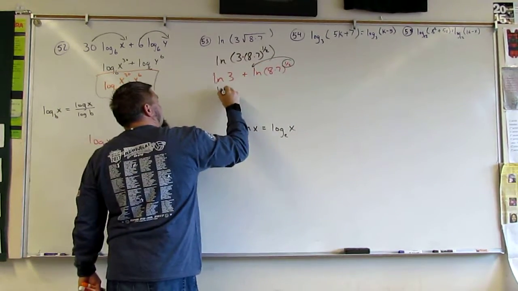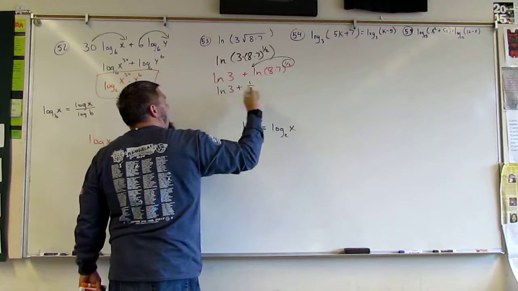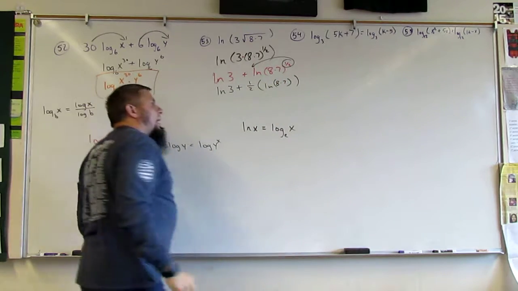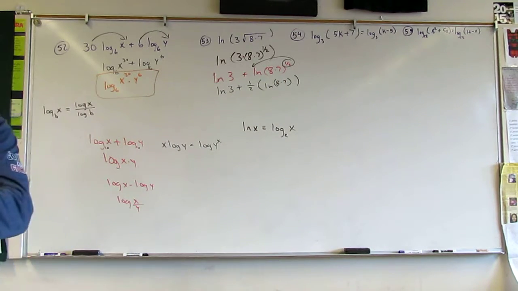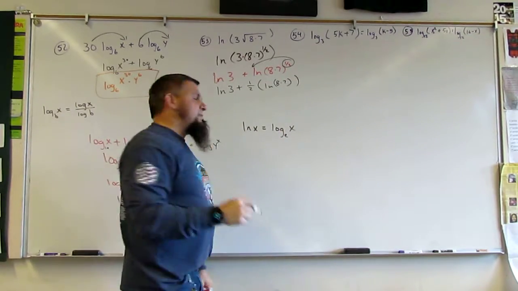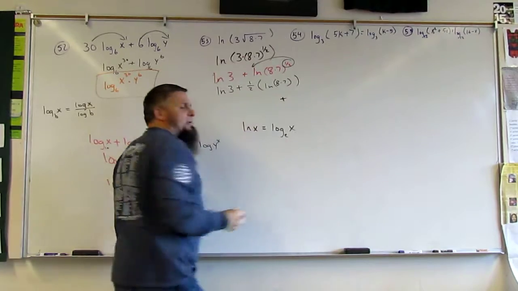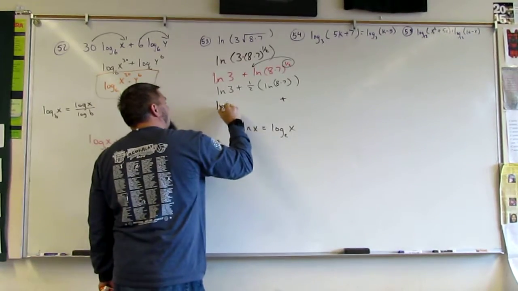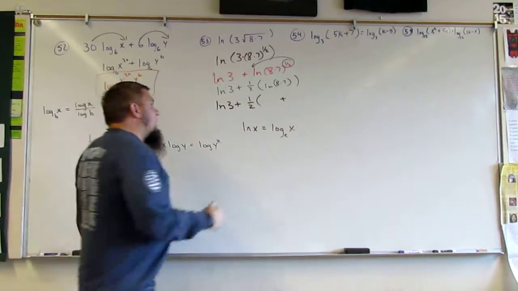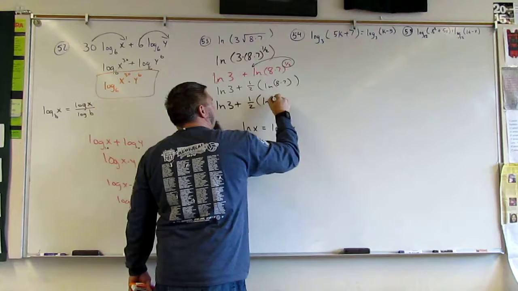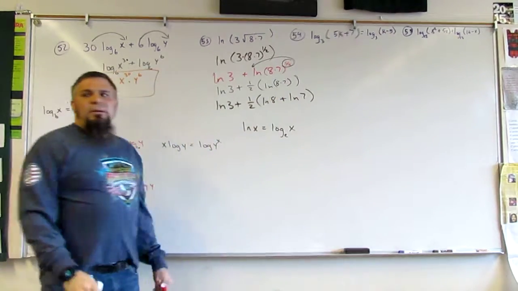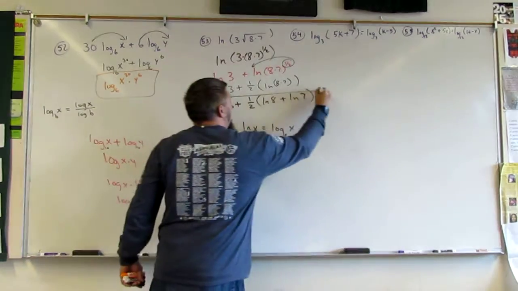So I've got the natural log of 3 plus 1/2 the natural log of 8 times 7. And then, because these are still together, that times becomes a plus. So I'm going to say the natural log of 3 plus 1/2 times the quantity of the natural log of 8 plus the natural log of 7. And that's breaking it all up.